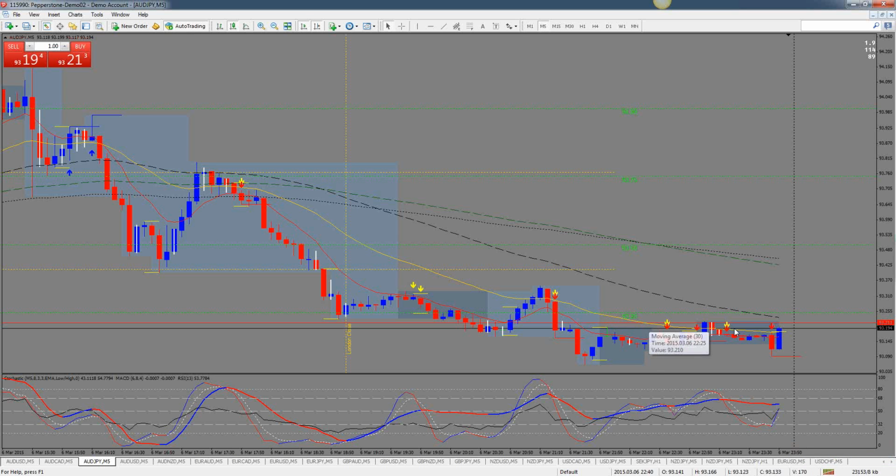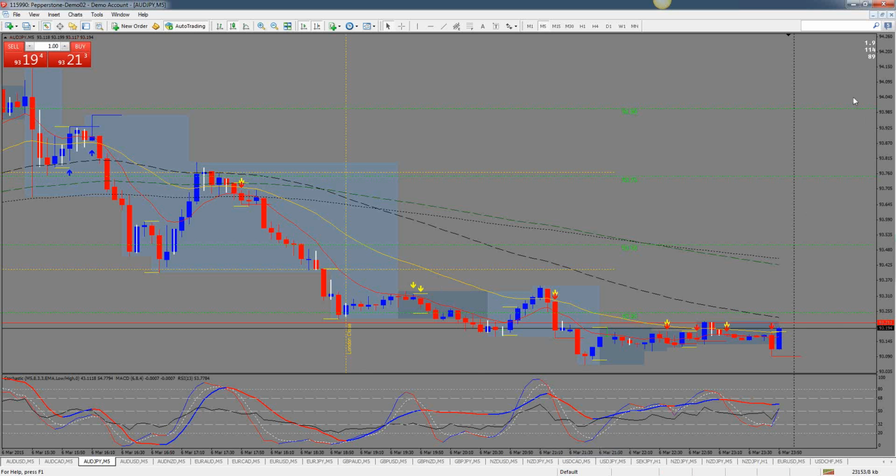I don't trade in consolidation, so this is looking like consolidation to me. This is the wrong time of day as well. I don't trade after London close, period. But I'm just showing you this.